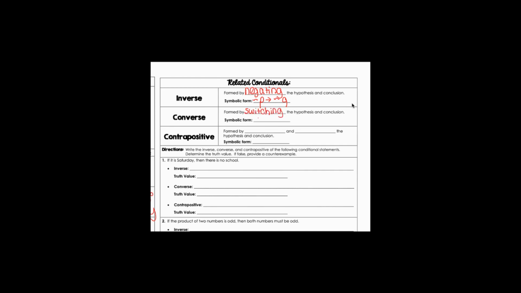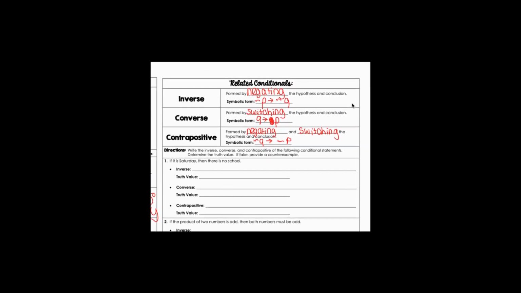So that's going to look like if Q, then P. Oops, I'm sorry, I just did if Q, then Q. There you go. And then the contrapositive is formed by negating and switching the hypothesis and conclusion. So that's going to be if not Q, then not P.